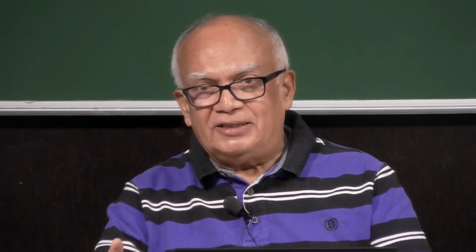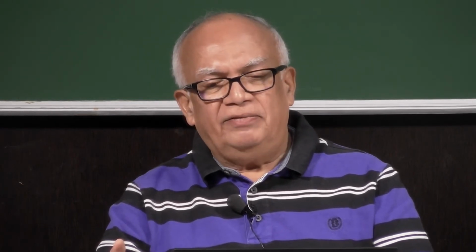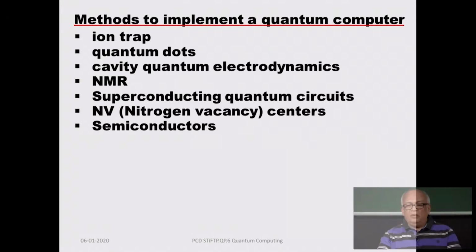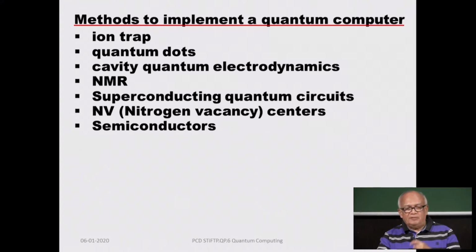So there are many candidates for this. You can have quantum dots, cavity quantum electrodynamics, superconducting quantum circuits, nitrogen vacancy centers. There are some of the best experimentalists in the world working with these different physical setups.